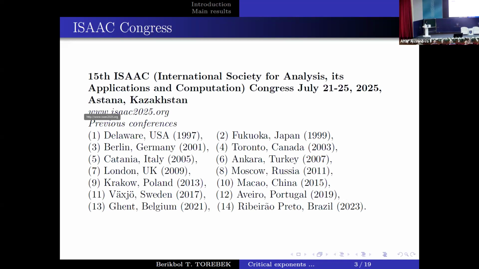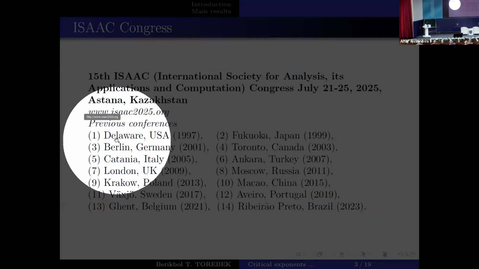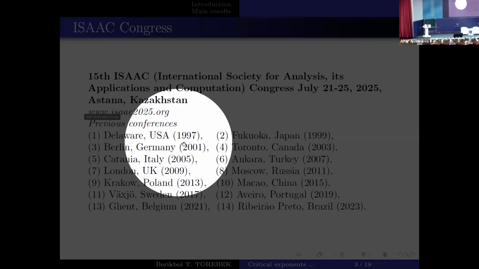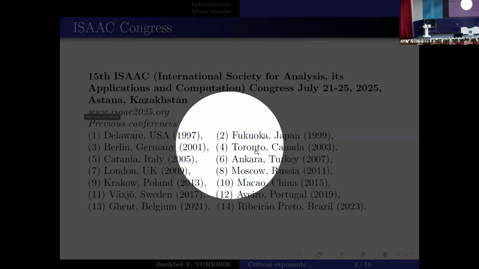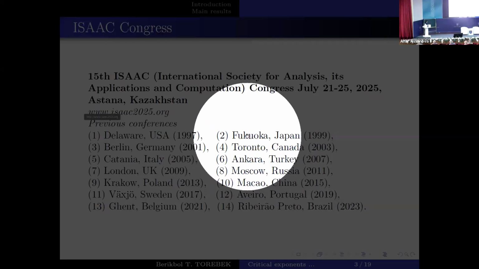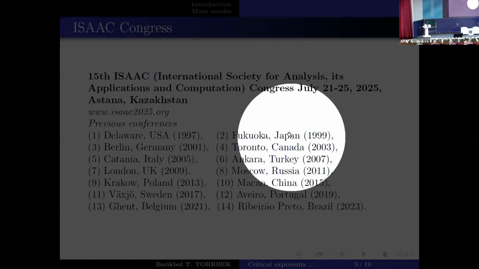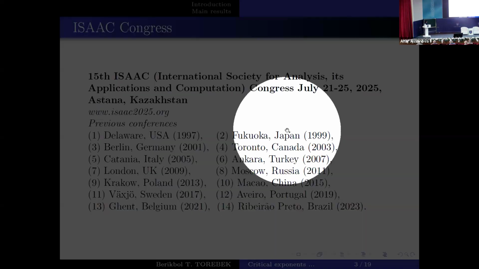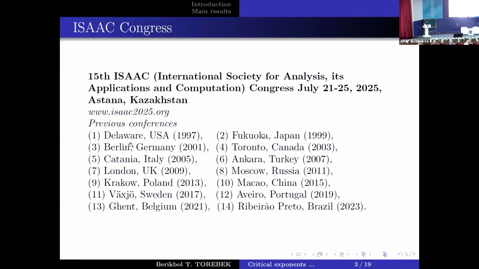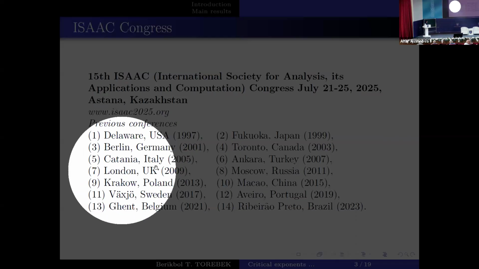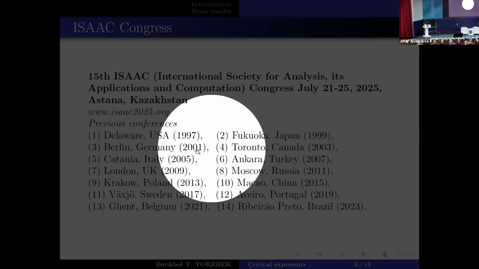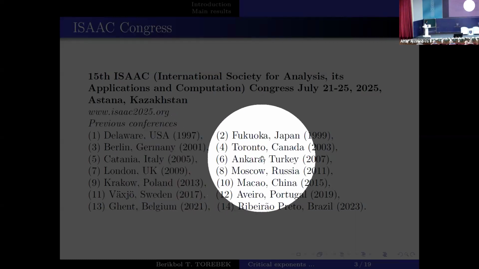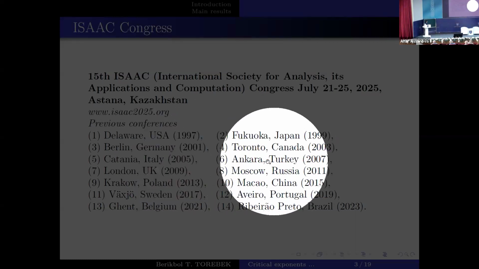The first ISAAC Congress was held in the USA in 1998 in Delaware, and the second was in Fukuoka, Japan in 1999. The third was in Berlin, Germany in 2001, and after that in Toronto, Canada in 2003, in Italy in 2005, and also in Ankara, Turkey.